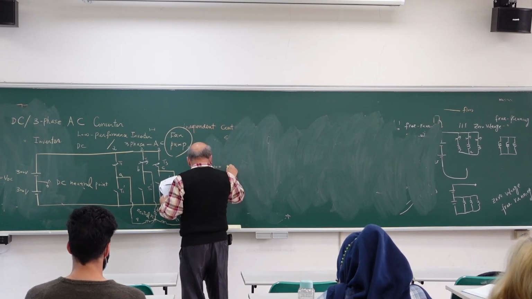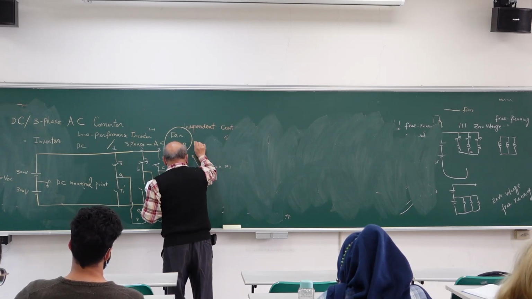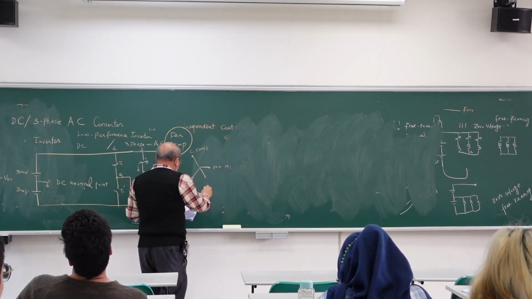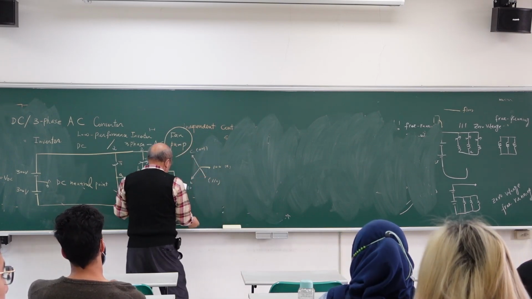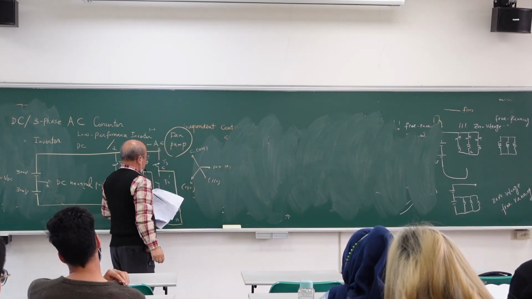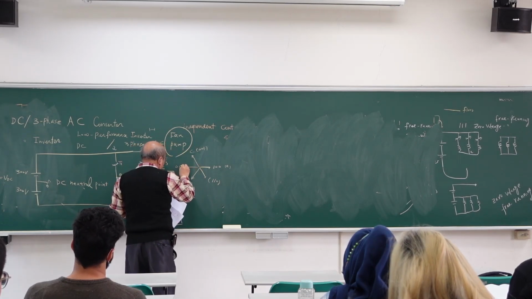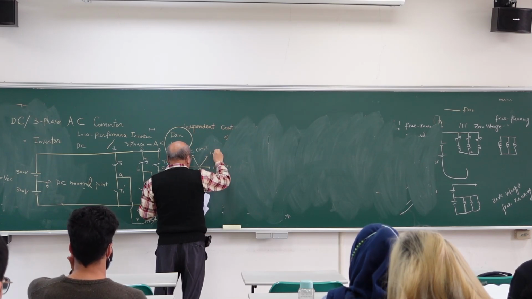This is A. This is B. 0, 1, 0. This is C. 0, 0, 1. And then this is 1, 1, 0. And then this is 0, 1, 0. How about this one? This is 0, 1, 1. And how about this one? This is 1, 0, 1.